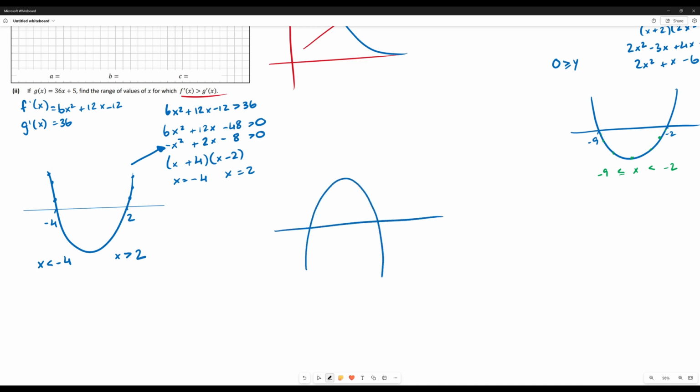The x-axis would be like this, this would be the minus 4, this would be the 2. If it said greater than 0, it says when is it above the x-axis. Now it would be here, in the middle as opposed to the left and the right. So what you have to say is as long as the x is in between minus 4 and 2. It's the exact same, just kind of topsy-turvy.